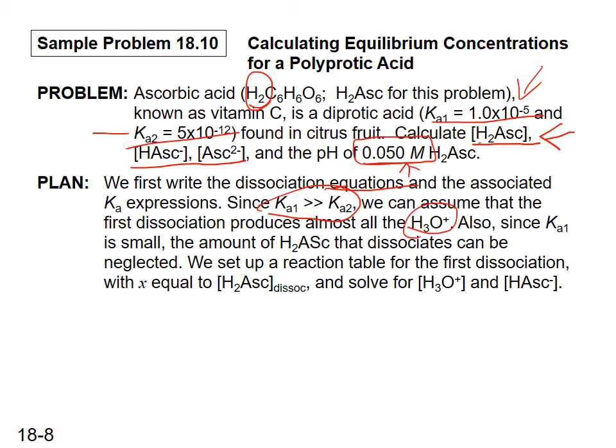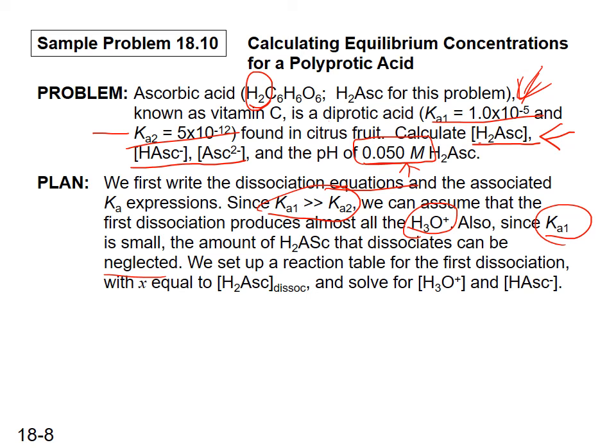Just use the first Ka1, first dissociation reaction, to calculate hydronium ion. And during the calculation, as we did before, we can assume that because Ka1 is very small, 10 to the minus 5, we can neglect the change x during the calculation of x. We'll see that later.